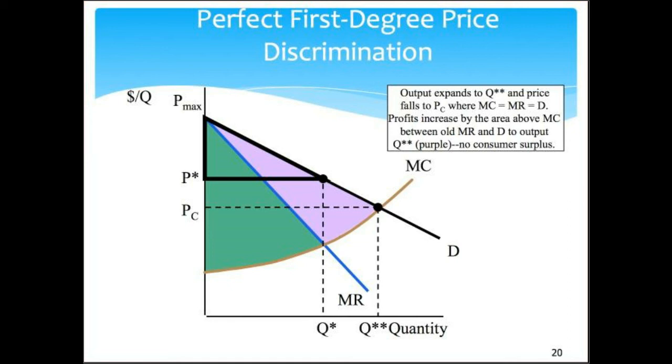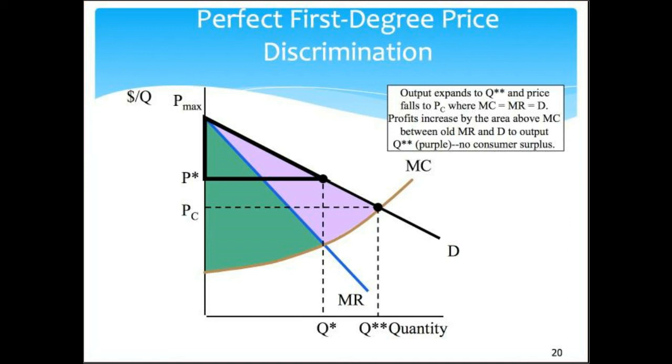So profits are larger. Well, what else has changed? Consumer surplus. There isn't any. None whatsoever. Every customer has paid their maximum price they're willing to pay, and so there is no consumer surplus at all.